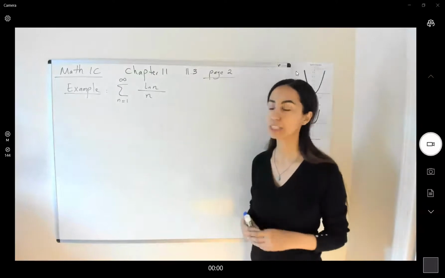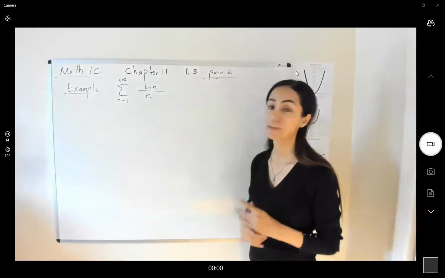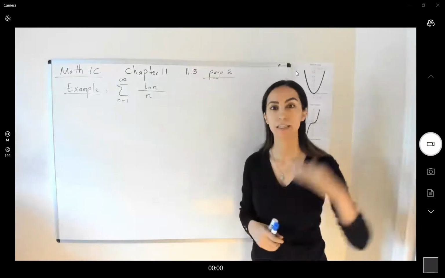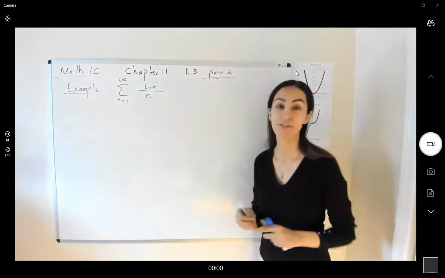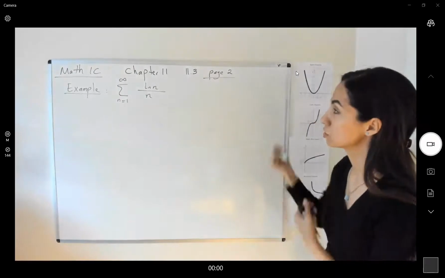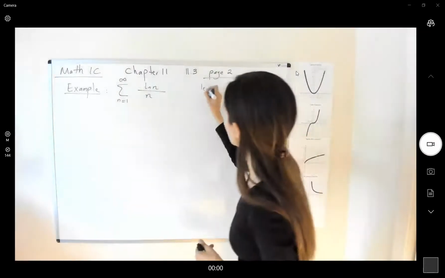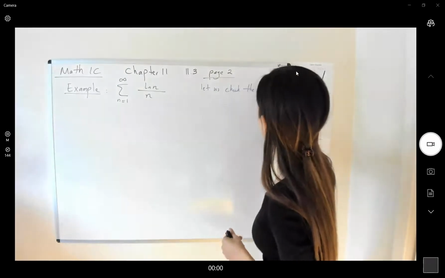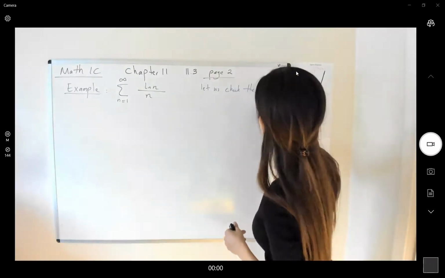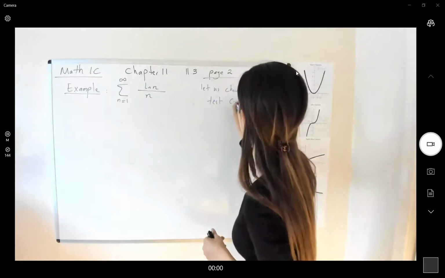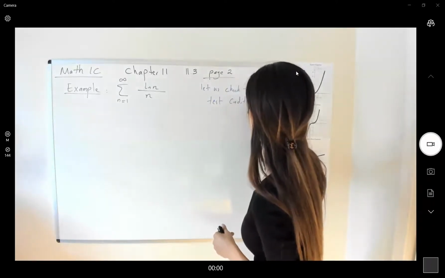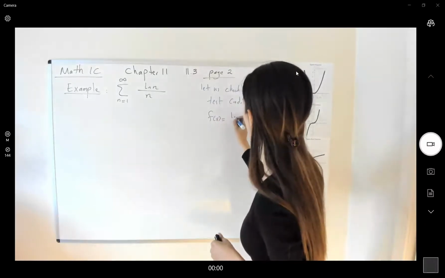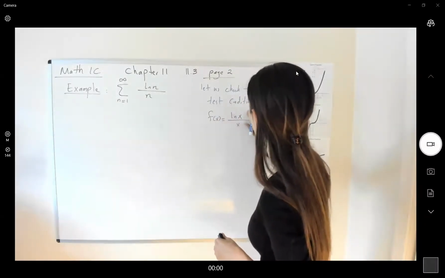Let us try to see if it fits the definition of the integral test, satisfying those function conditions. So let us check the integral test conditions. f of x is equal to ln of x divided by x.